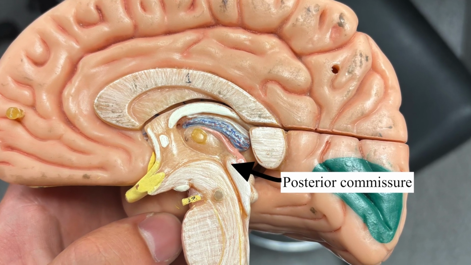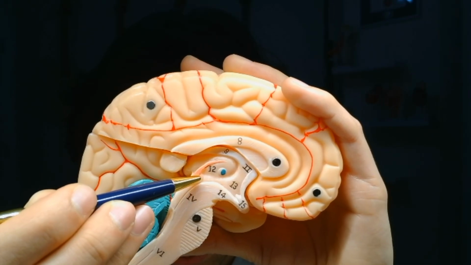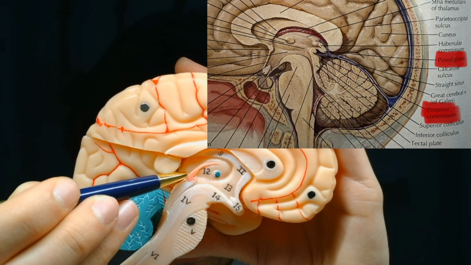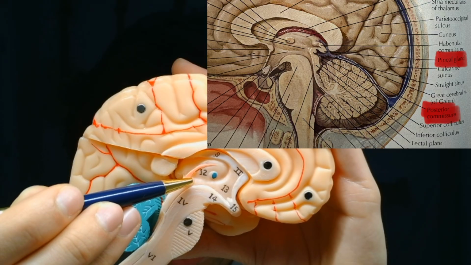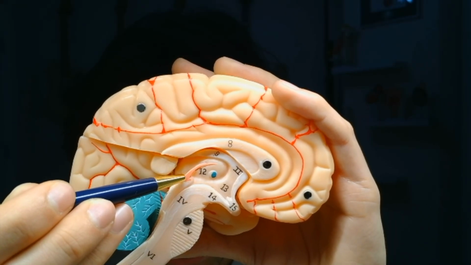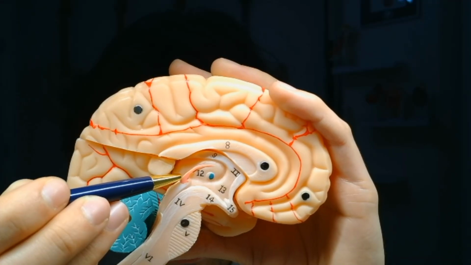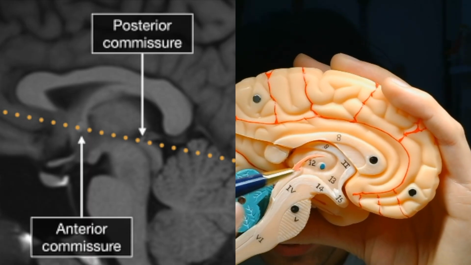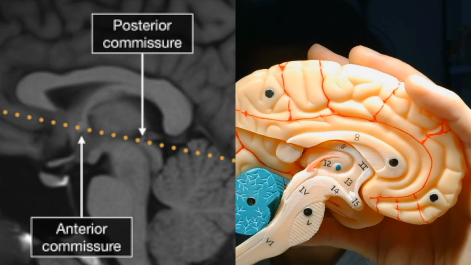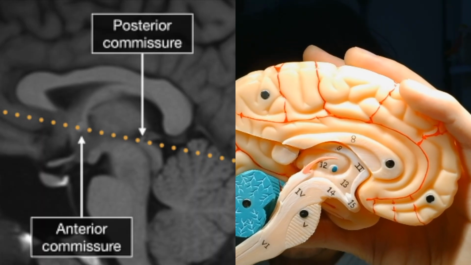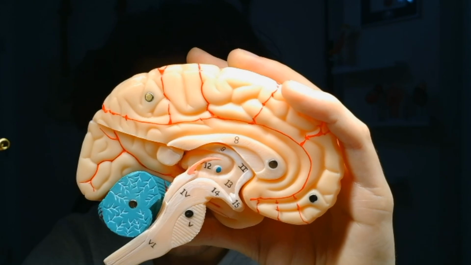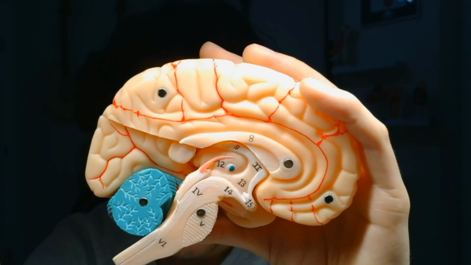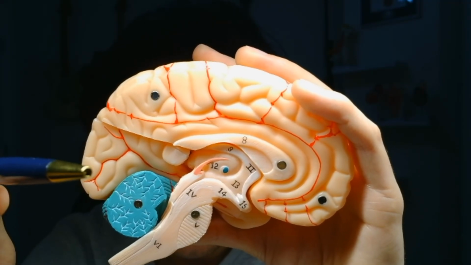And just behind that, just posterior to the posterior commissure, we'll have the pineal body of the pineal gland. Okay, so it should be like a dot here, and then a little jut over, and then another dot here. Posterior commissure, and just posterior, pineal gland. The posterior commissure has a number of functions, one of which is making the pupillary light reflex, PLR, bilateral, as well as playing a role in language processing.